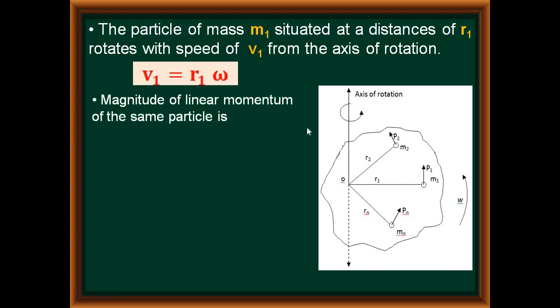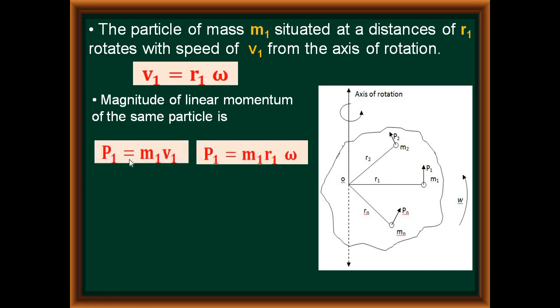Now the magnitude of the linear momentum P1 for the particle having mass m1 will be P1 is equal to m1 into v1. If we substitute the value of v1 equal to r1 into omega, P1 becomes m1 r1 omega. This will be the magnitude of linear momentum.